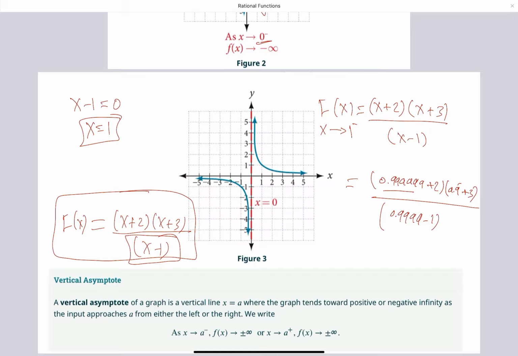You're supposedly going to get a really huge negative number, which basically means that it's decreasing without bound, which is negative infinity. You do the same with 1 positive, which is simply 1.000001 minus 1. Then you're going to simply get a positive infinity.